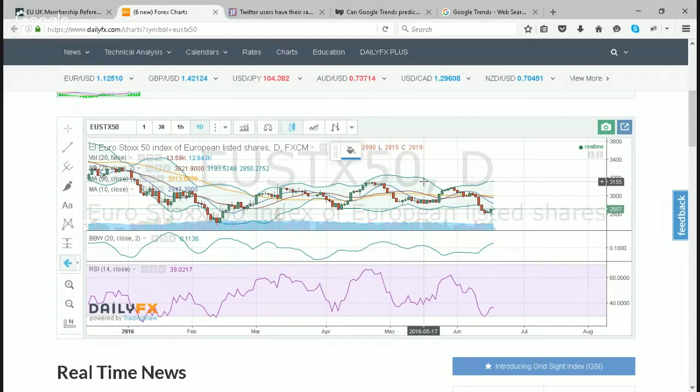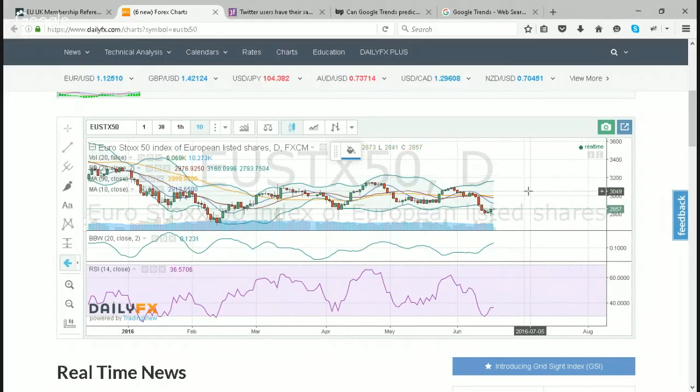So you can't look at the stock market and go, oh, that's all Brexit. I'm just going to talk about Brexit and I can trade the Eurostoxx based on Brexit. It's important, but it's not the only thing.